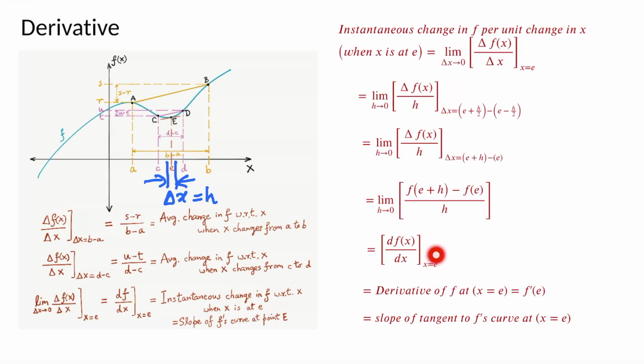This is how the derivative of the function with respect to x at a particular value x equal to E is written. And in this symbol df by dx, it automatically implies that we are talking of a very small increment on the x axis around the point E, so that that increment tends to 0. And as we have already said, this is nothing but the slope of the tangent.